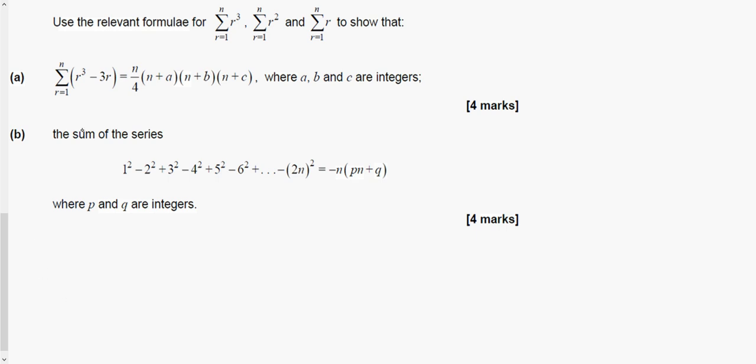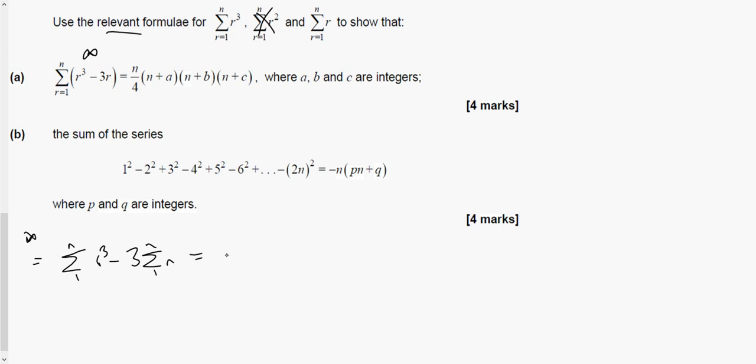We need to change this sum into the sum from 1 to n of r cubed minus 3 times the sum from 1 to n of r. It says relevant formulae because we're not actually going to need the r squared formulae here, because there is no r squareds in our formulae.